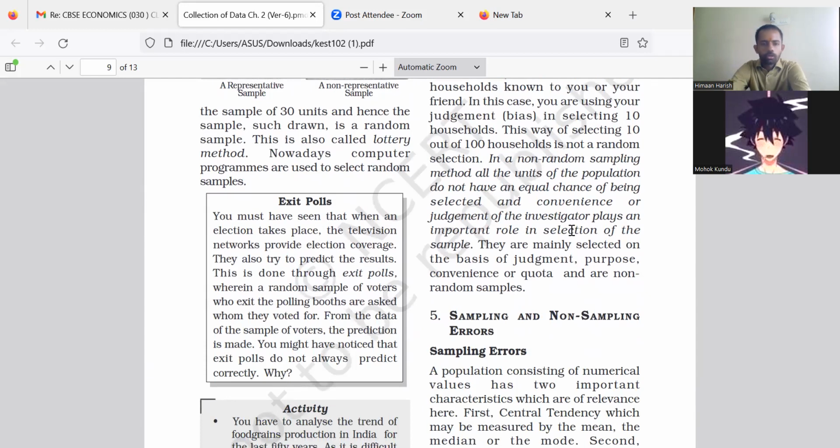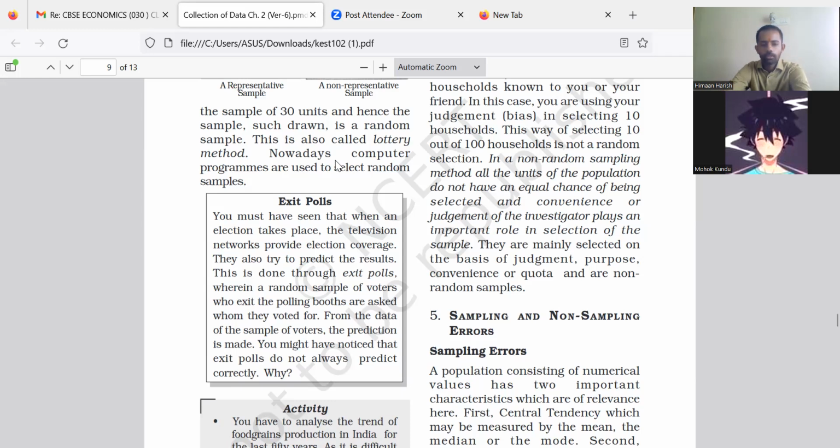Before we head to that, you might have heard of exit polls recently. Yeah, but I'm not sure what it is. Exit polls are just polls which happen during election coverage. The TV channels or the networks provide exit polls just after the voting happens, and it is before the results are announced.